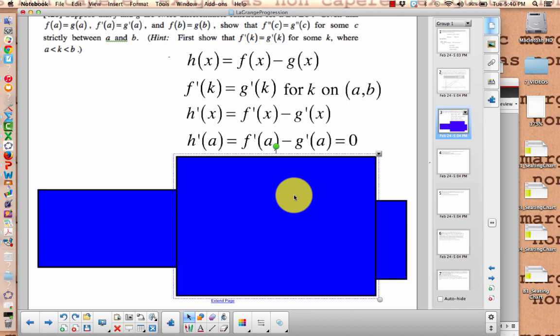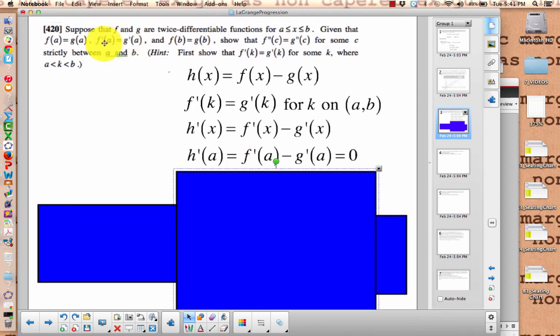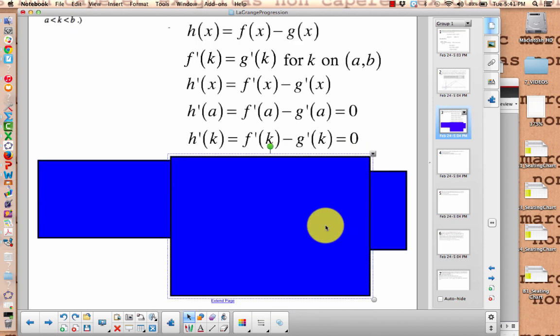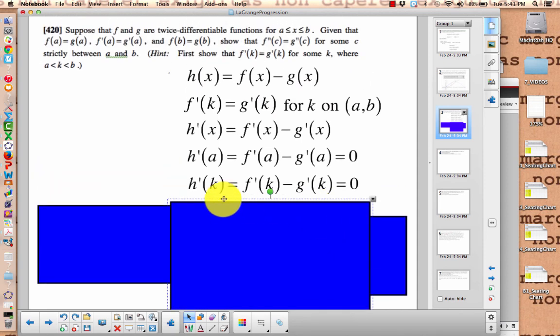h prime of x would be equal to f prime of x minus g prime of x, and h prime of a would be equal to f prime of a minus g prime of a. From the given information we know those two numbers are the same, so h prime of a must be 0. Additionally, h prime of k would be f prime of k minus g prime of k, also equal to 0. So you may be able to detect what's already happening here.